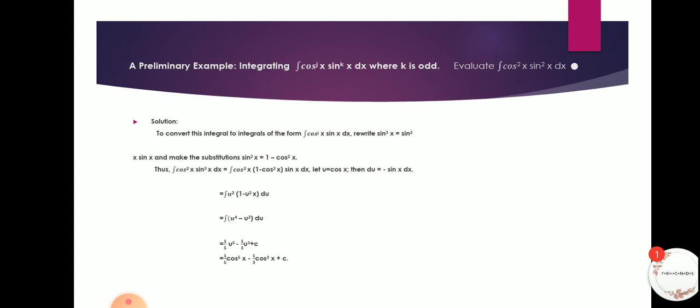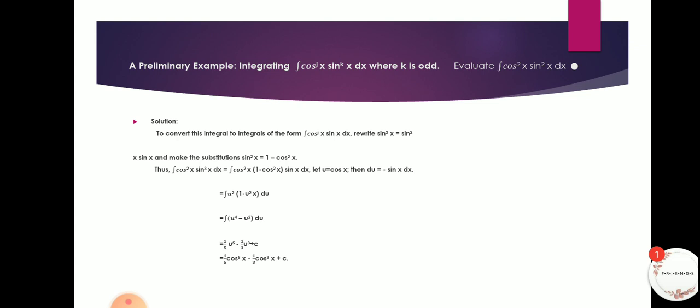Rewrite sine cubed x equals sine squared x sine x and make the substitution sine squared x equals 1 minus cosine squared x. Thus integral cosine squared x sine cubed x dx equals integral cosine squared x (1 minus cosine squared x) sine x dx.